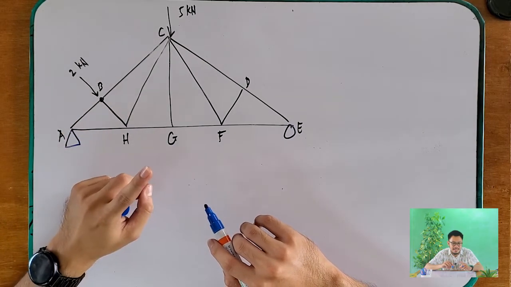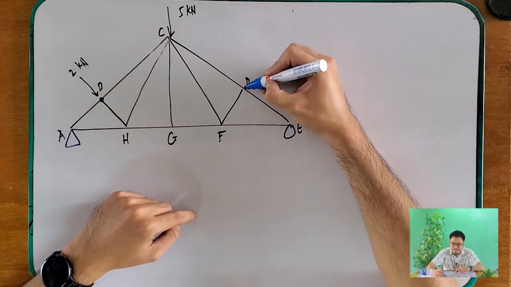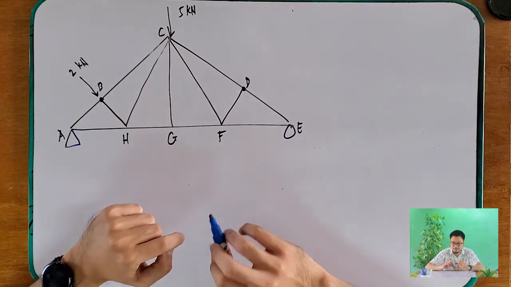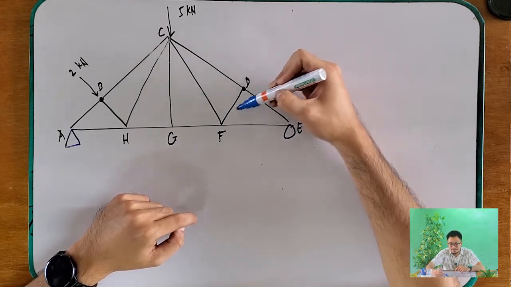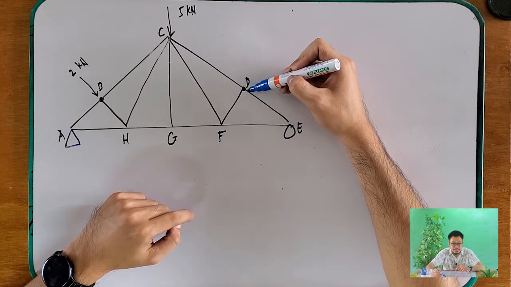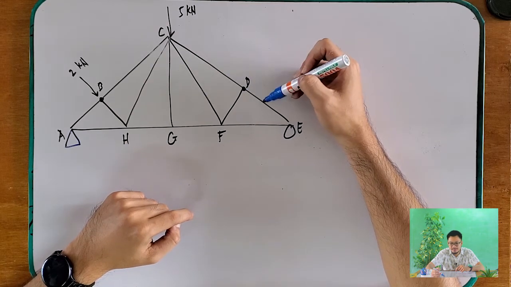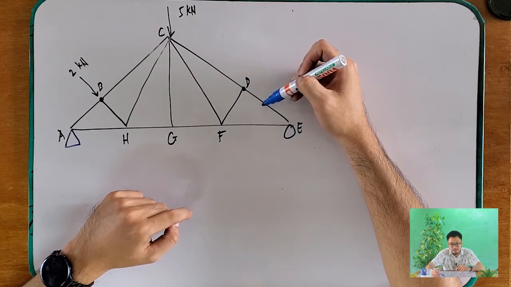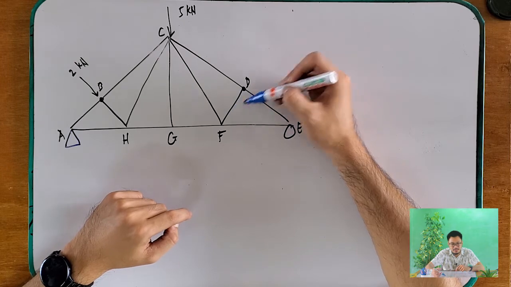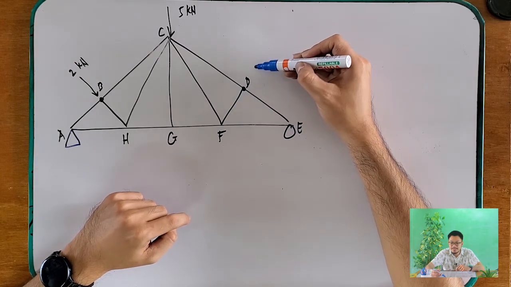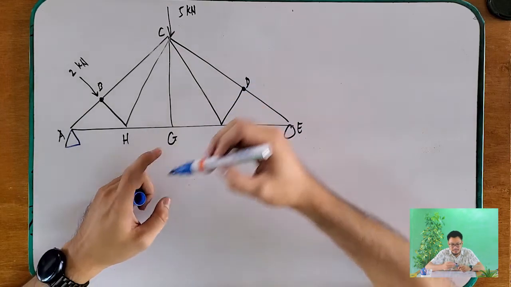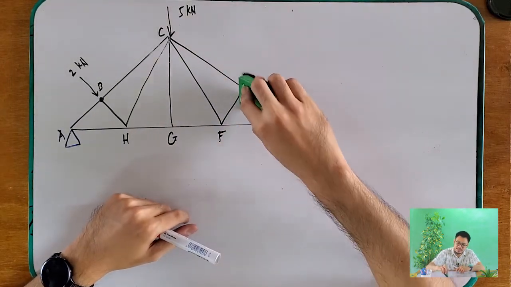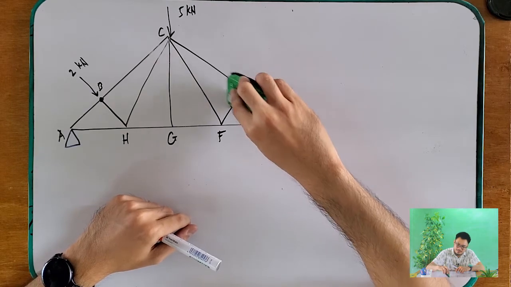However, on the other side, your joint D has 3 members connected on joint D. 2 of its members are collinear and the third one is not collinear, and there is no external force acting on this joint. Then we can say that DF is a zero force member.